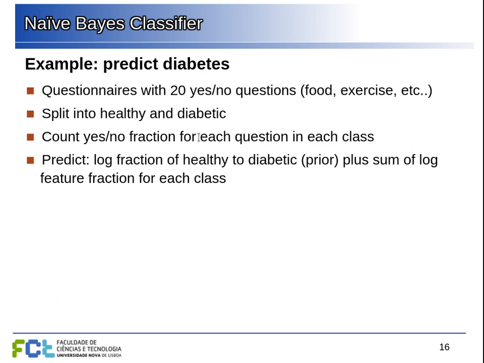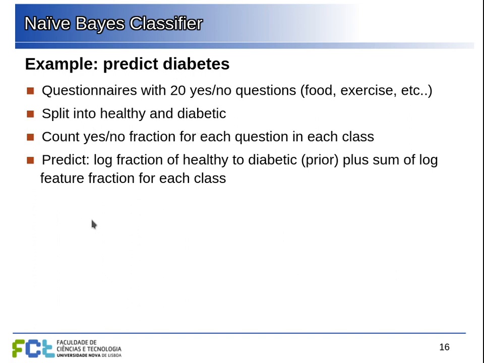So we know the probability of answering yes on each question if the subject is healthy, and the probability of answering yes on each question if the subject has diabetes. Note that for this we only need a few tens of examples, and we already have a good idea, because we split into the two parts, and if we have, for example, 10 or 20 answers to a question, we can have a good estimate of how probable it is that they answer yes or no.